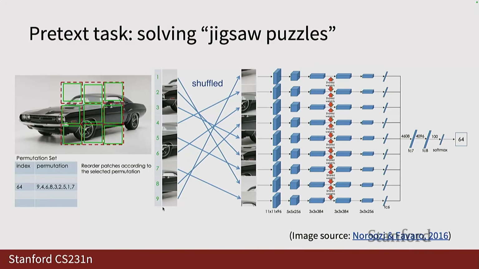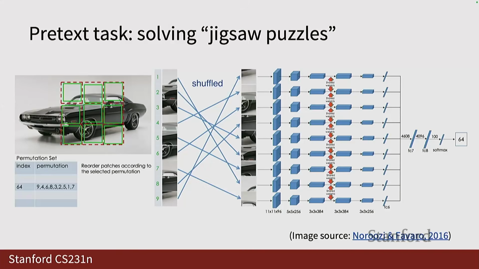Can you tell me the number of permutations you can have for this setup? Say again? 9 factorial, yes, exactly. So it's a huge number, right? 300,000 something, I think.